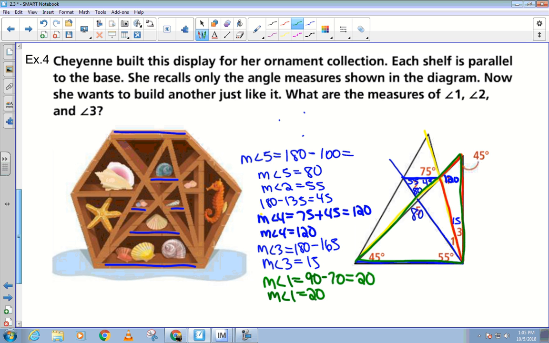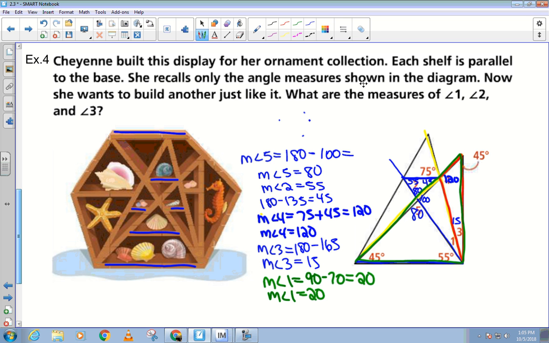Okay. I think there was another way that you could have done angle 1. You could have found this right here, which would have been 100, and then 100 plus 55.